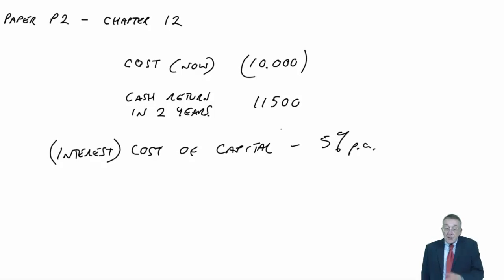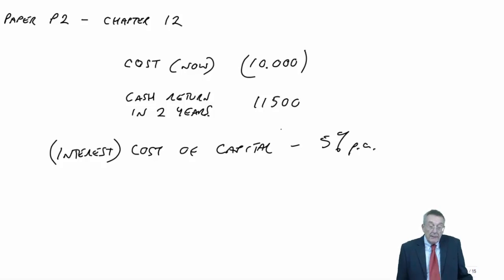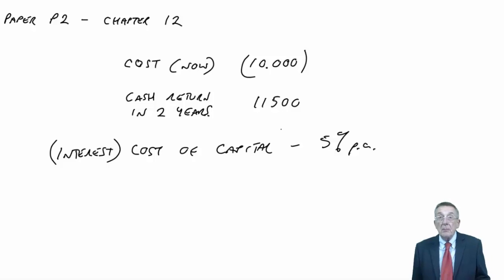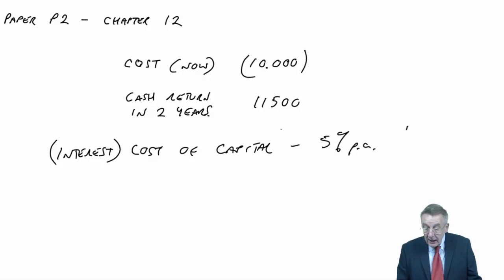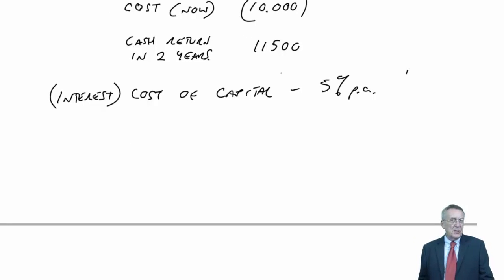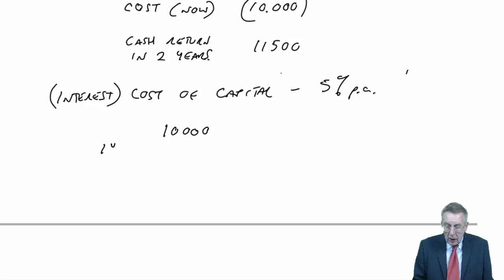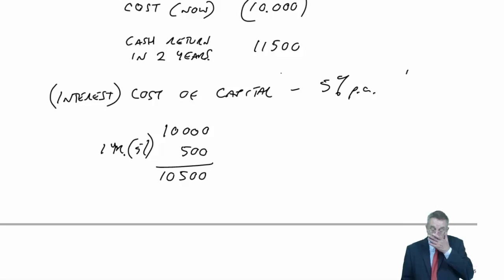Well, if there was no interest, we've made a surplus of 1,500. If there is interest, surely the surplus will be reduced by the amount of the interest. And there are actually two ways we could deal with it. One way, perhaps the most obvious, would be to say, okay, you're borrowing 10,000. After 1 year, there'd be interest on it at 5%, which is 500, so you're then owing 10,500.